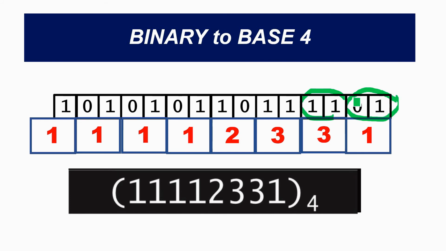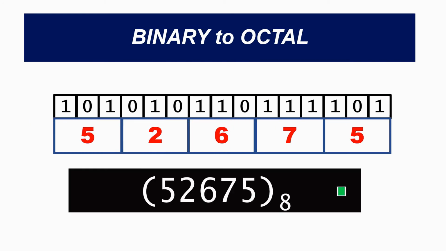This is 2, and these 2, and these 2, 2 digits, 2 digits, and 2 digits, and write down their equivalent in base 4. So this becomes 1, this becomes 3, this becomes 3, this is 2, 1, 1. So this becomes 1, 1, 2, 3 in base 4.